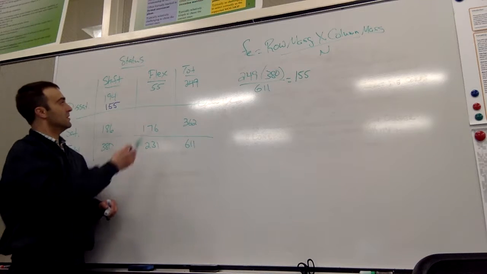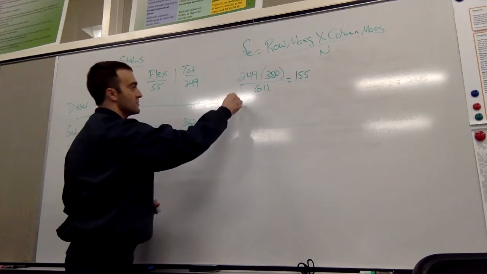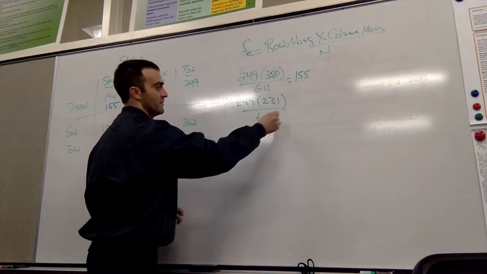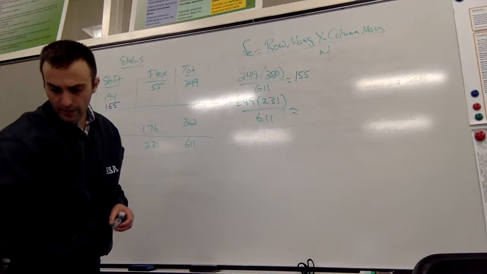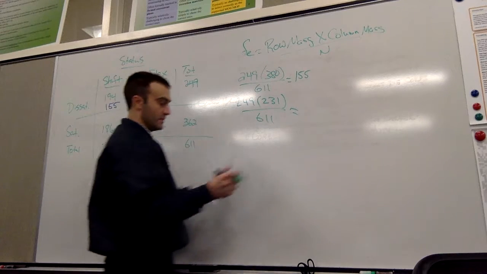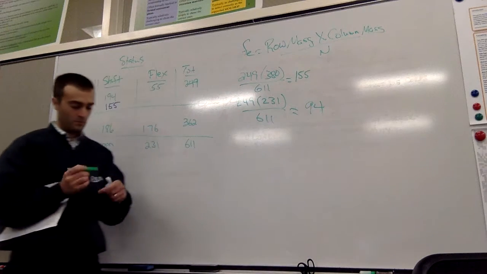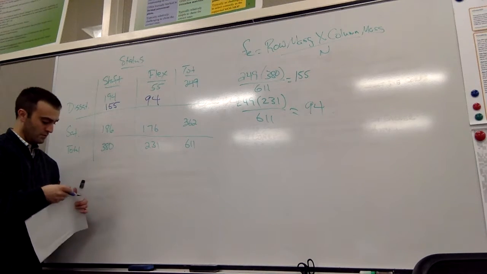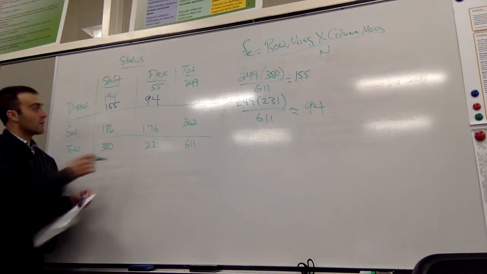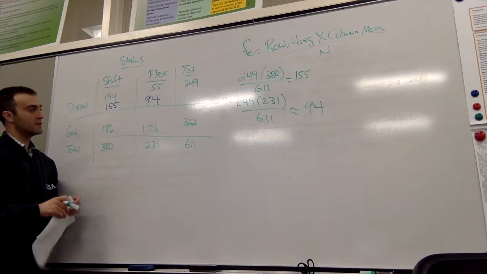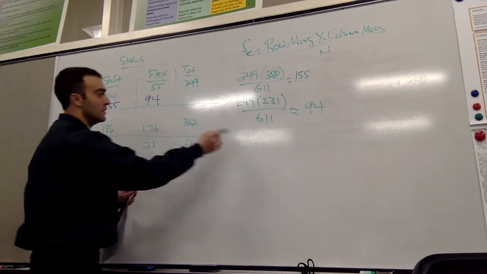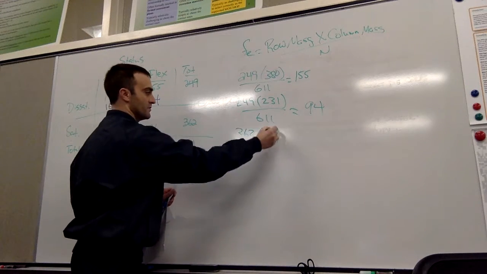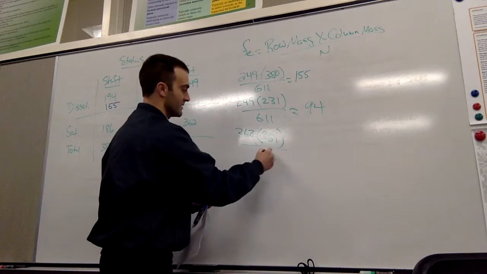All right, so for this cell, row marginal is 249. Its column marginal is 231 over 611. And I got 94, roughly, for the expected value for the northeast cell. Continue going clockwise to flex satisfied, 176. The expected value should be its row marginal of 362 multiplied by its column marginal of 231 over 611, the n.